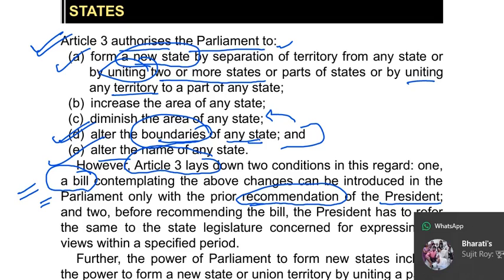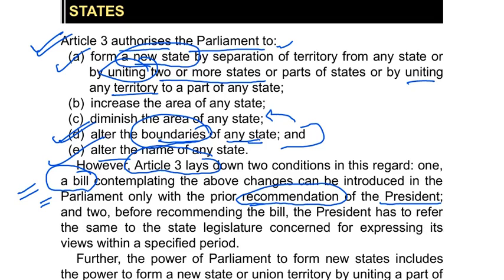Okay. The next thing, before giving assent to such a bill to be introduced into the Parliament, the President must refer such a bill to the same legislature and ask them to express their view within a specific time period.